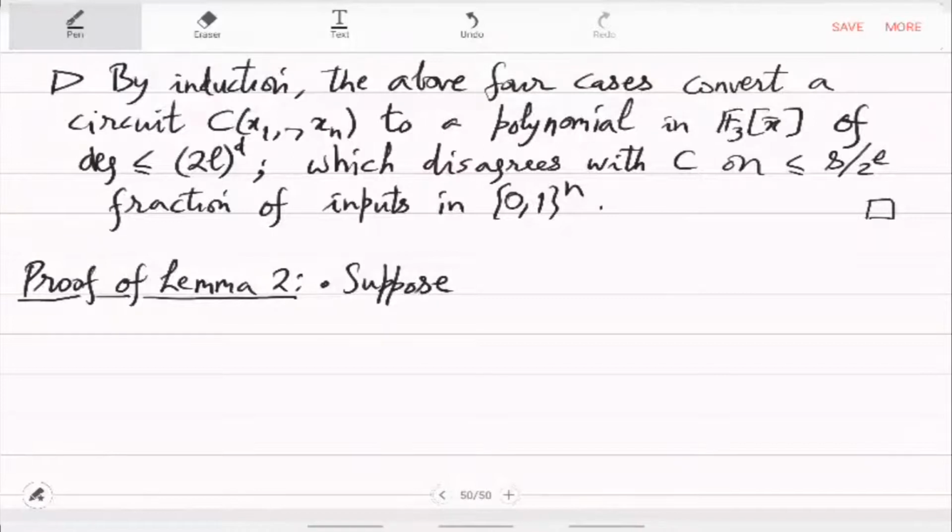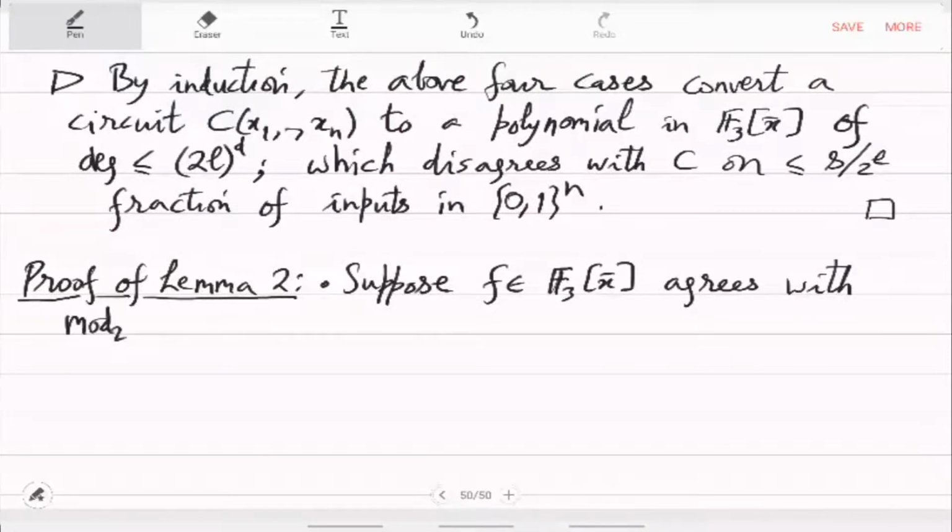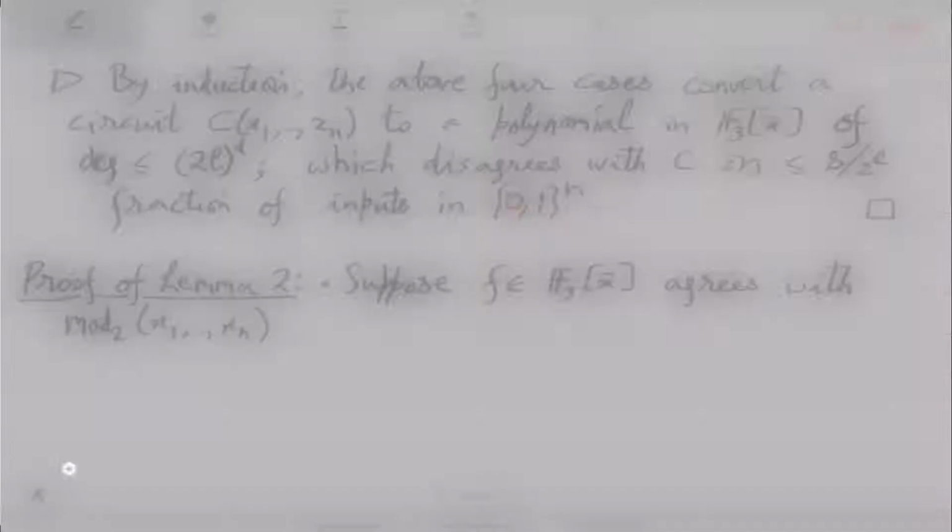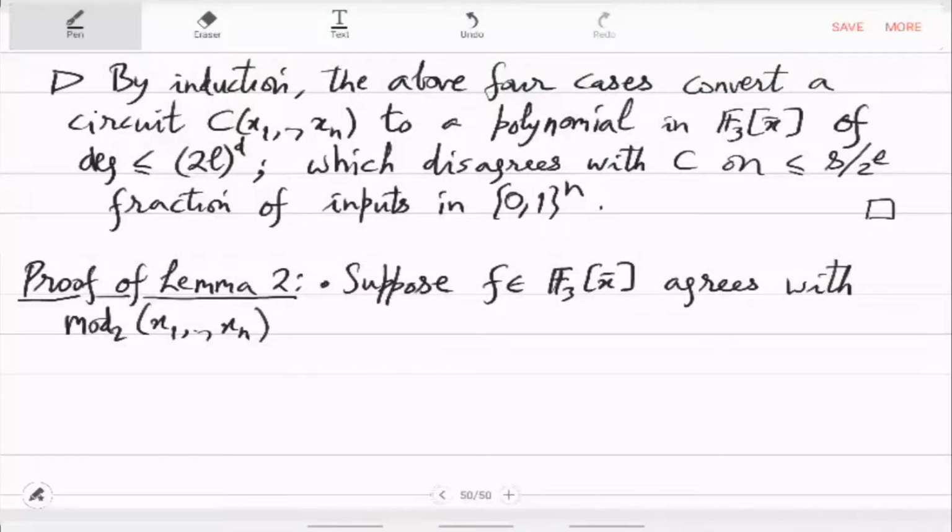So suppose f, which is a polynomial, agrees with mod 2 of x1 to xn, which is again a Boolean function, parity.